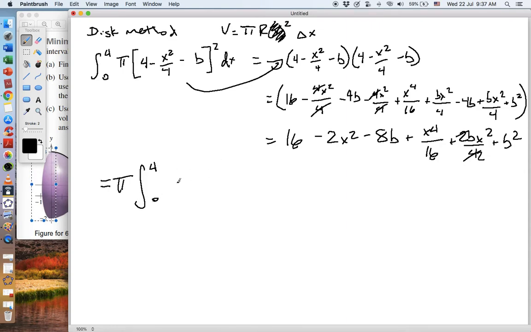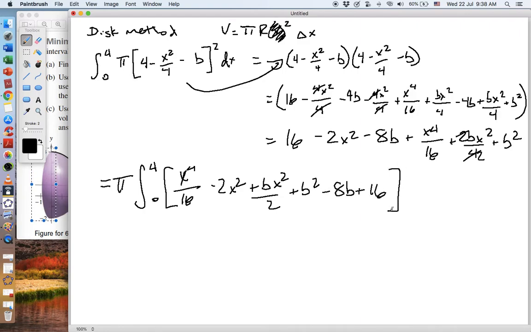And we'll order up. Got the highest order exponents at the beginning here, x to the 4th over 16 minus 2x squared, that's this term here, minus 2x squared plus bx squared over 2, that's that term there, reduced, plus b squared minus 8b plus 16, evaluating that on the interval of 0 to 4.